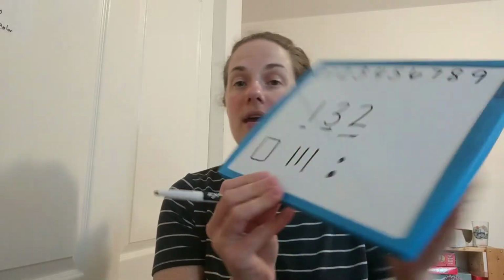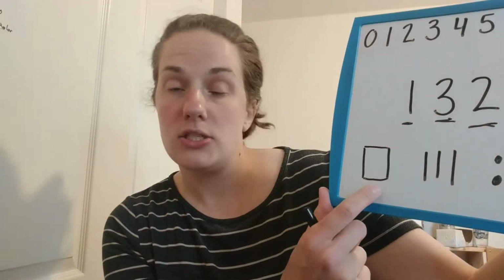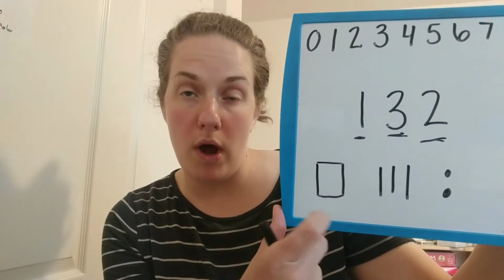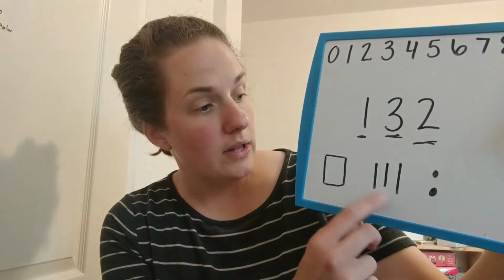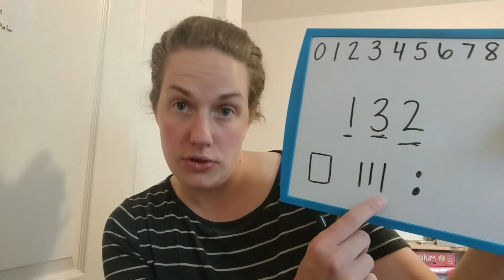I can actually draw a picture to help me, and we've talked about that in some of our other math videos. We can draw a picture to represent this number. In this picture, we use a square for the hundred, so that shows one group of 100. We use these sticks or lines to show the groups of 10, so we can count 10, 20, 30.